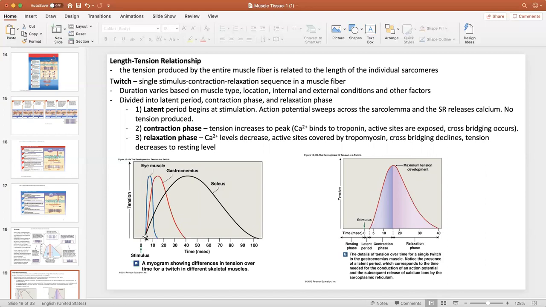Where we have larger muscles, and more muscle fibers are innervated by fewer motor neurons, we have larger motor units. The tension takes a longer time to develop and then a longer time to decrease. Okay, so we have a longer twitch, a slower twitch.